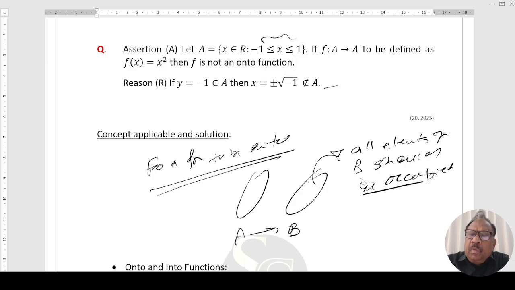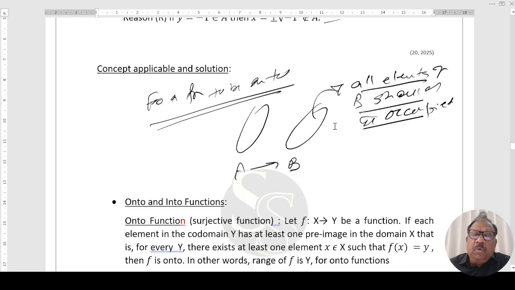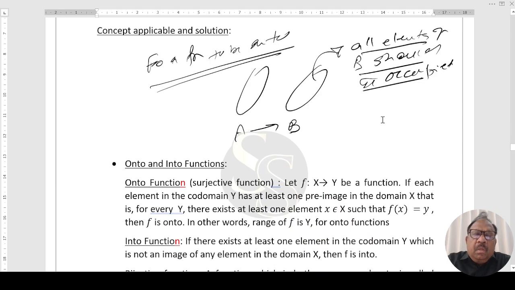That is, in straight, simple language, all elements should be occupied. Mathematically, another name for an onto function is a surjective function. Let f from X to Y be a function; if each element in the codomain Y has at least one preimage.